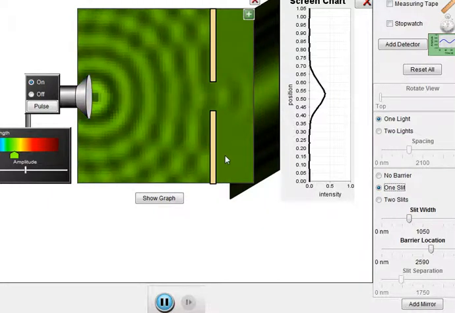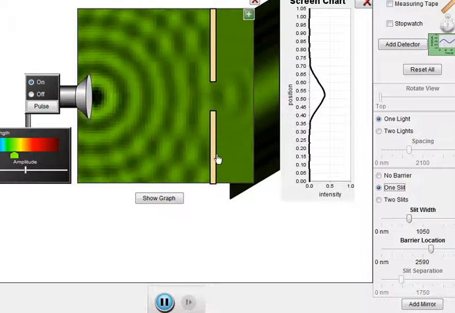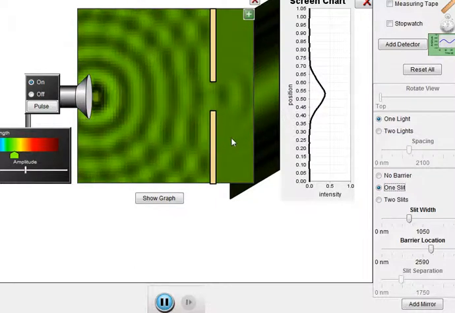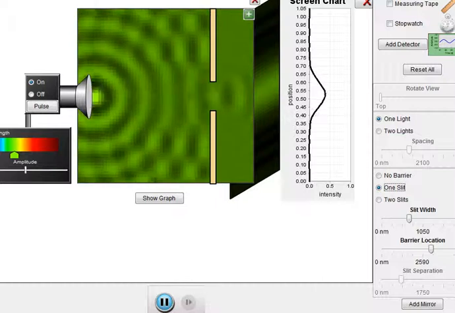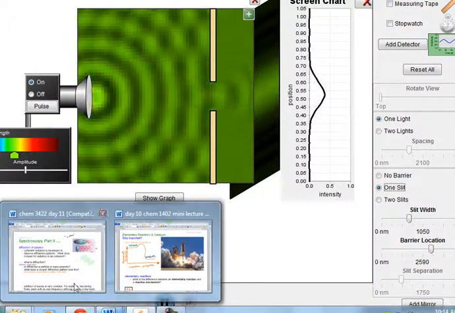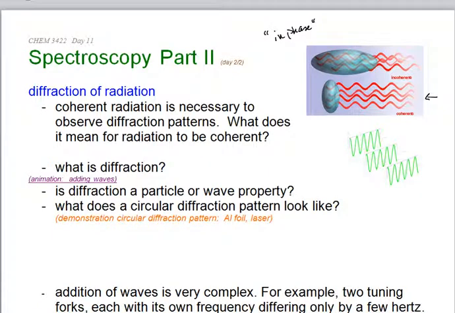Okay, that's diffraction. Yeah, interference is also a wave property too. Oh, I see what you're saying. So diffraction is a wave property, right? What does a circular diffraction pattern look like?